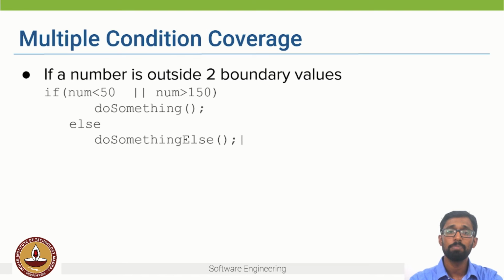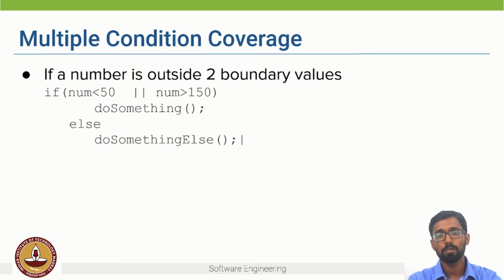Now another example is when a number is outside two boundary values. In this example, we want to do something when num is less than 50 or when it is greater than 150. Otherwise, if it is within 50 and 150, we do something else.